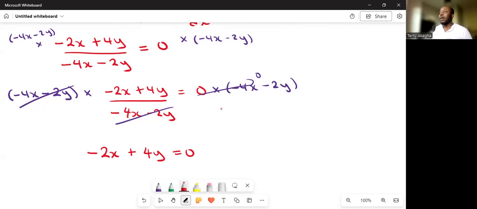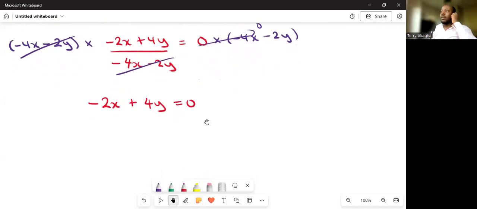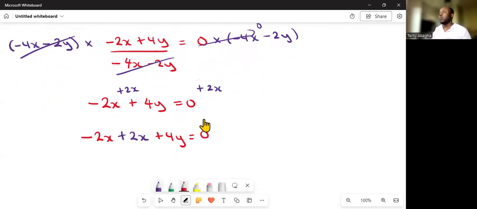Then we add 2x to both sides, okay? We add 2x to both sides. So it's going to give us minus 2x plus 2x. Then we now have plus 4y equal to 0 plus 2x.